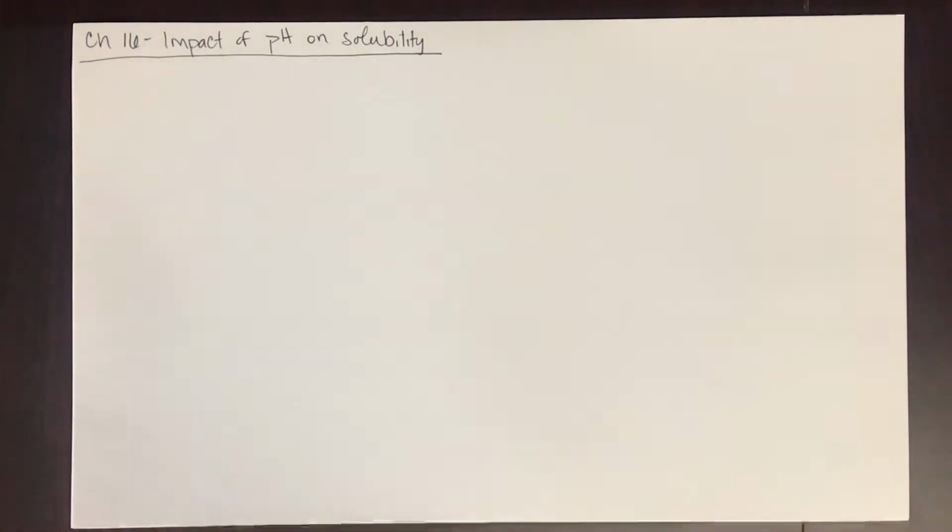Okay, so we're talking about things that impact solubility, and one of the things that can impact solubility is pH. The rule for this depends on the type of salt that you have.